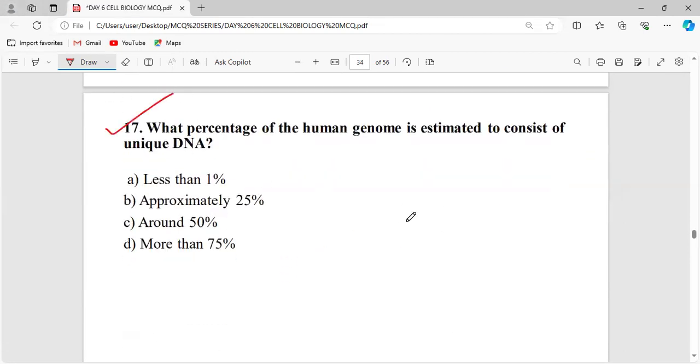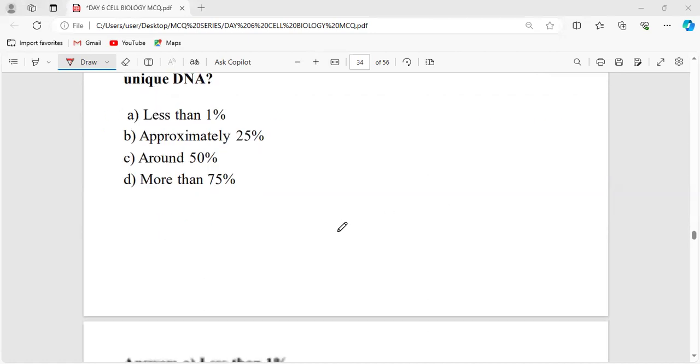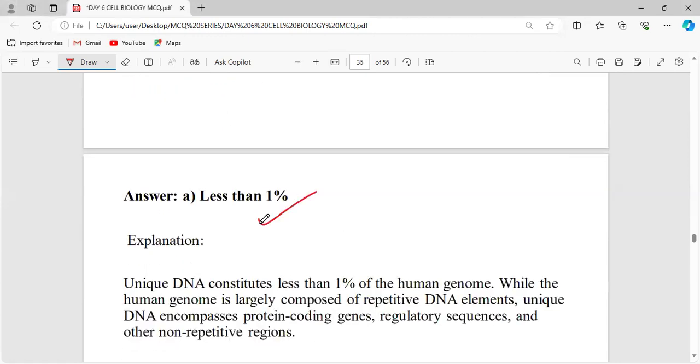And what percentage of the human genome is estimated to consist of unique DNA? It will be less than 1%.